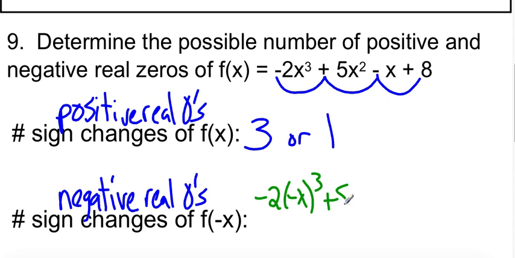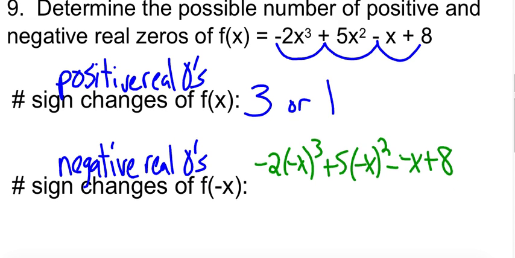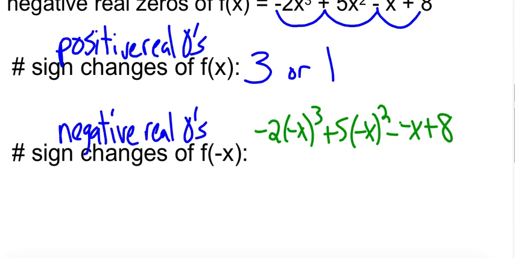Cube plus 5 negative x squared minus negative x plus 8. So we get positive 2x cubed. Negative x squared is still x squared, so plus 5x squared plus x plus 8.